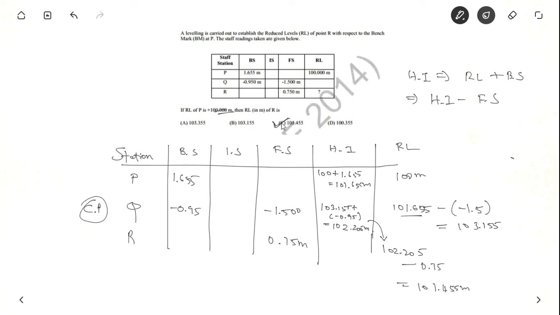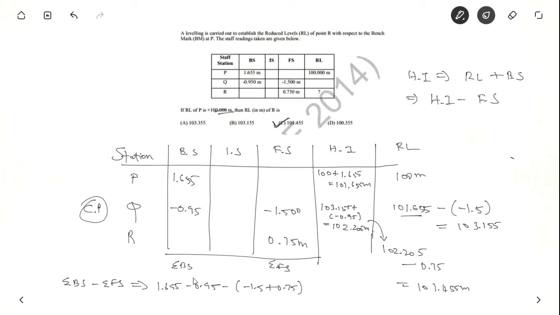If you want to check the answer, what should you do? You have to sum up backsides, sigma backside, and sum up foresides, sigma foreside. Then you should do sigma backside minus sigma foreside. So that is 1.655 minus 0.95 minus of minus 1.5 plus 0.75.